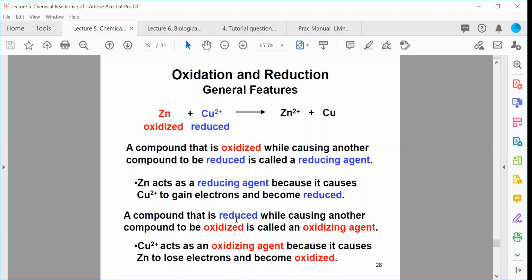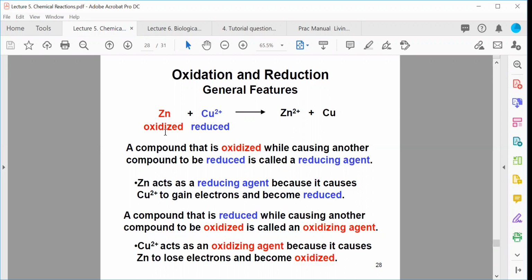Then we can look at a compound that is reduced while causing another compound to be oxidized, and that compound is called an oxidizing agent. So the copper cation that we can see up here, even though it's being reduced itself, is causing zinc to be oxidized.